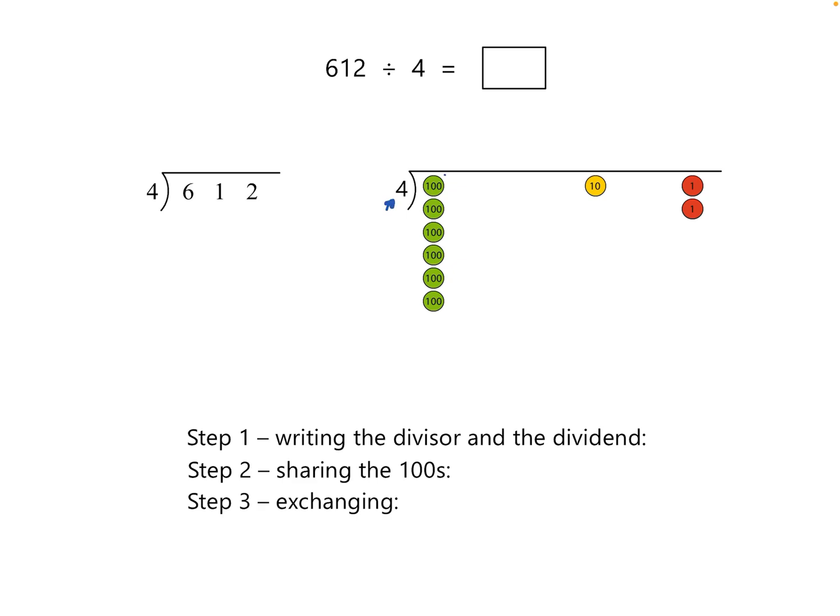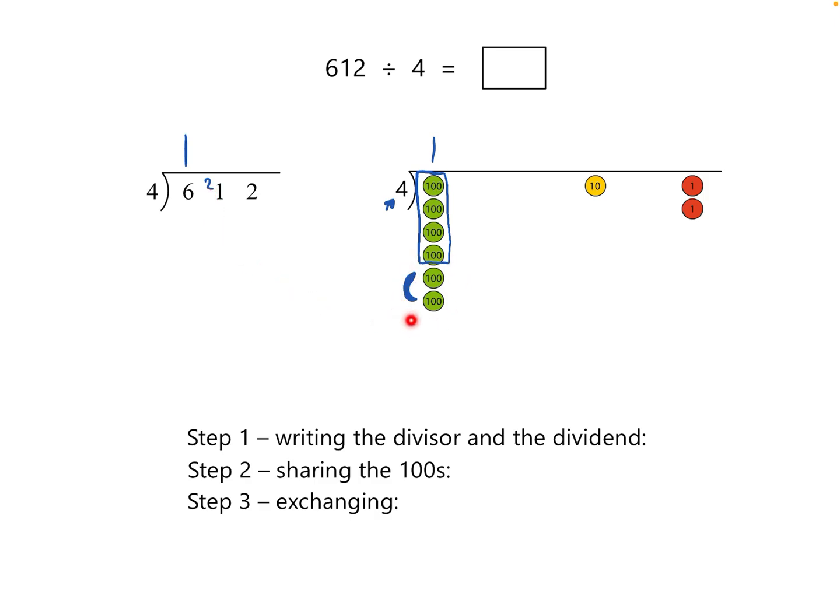So what am I looking for? Groups of 4. So a group of 4, but I've got some left over. So that is one group. How many left over? 2. These 2 here. What am I going to have to do with them? I'm going to have to exchange them for some tens.